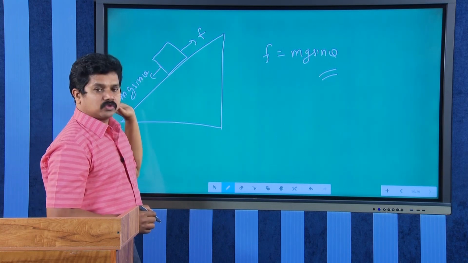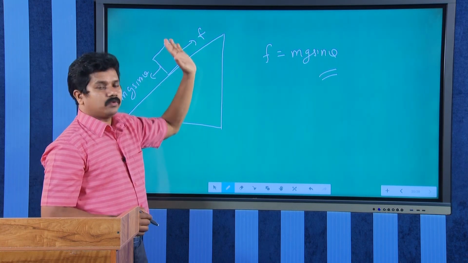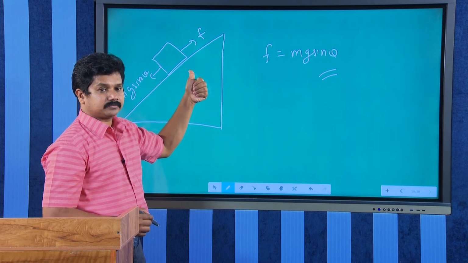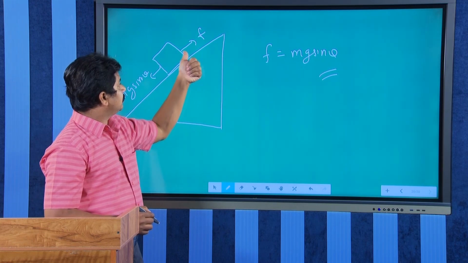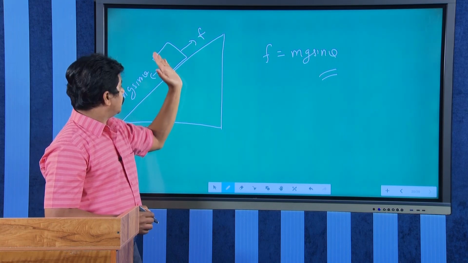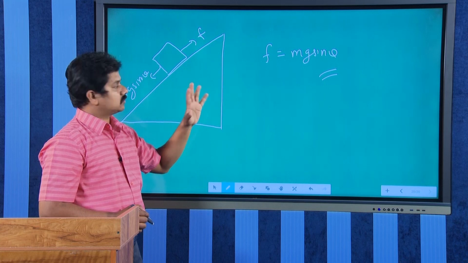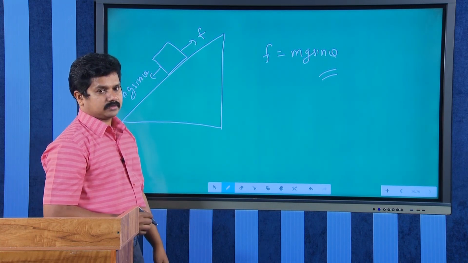So, the downward force will be mg sin theta, and the upward force will be friction. It will be the static friction, which is self adjusting. So, downward mg sin theta will be equal to what? The upward frictional force, that is why the block is not moving.